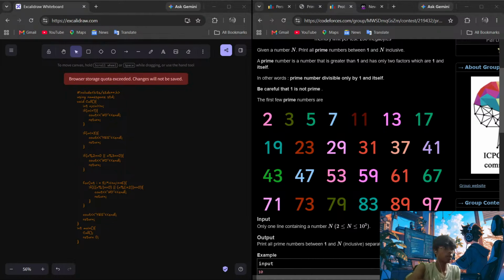Prime number of CPP. Okay, I can say there is some prime number of CPP. Wait a moment.